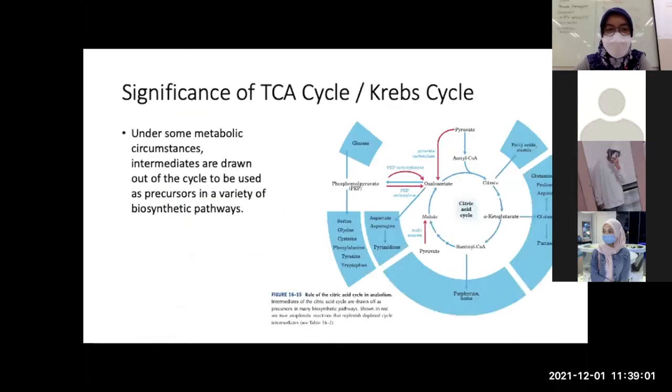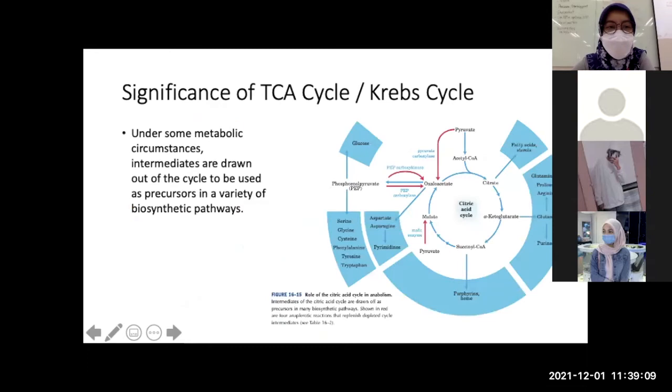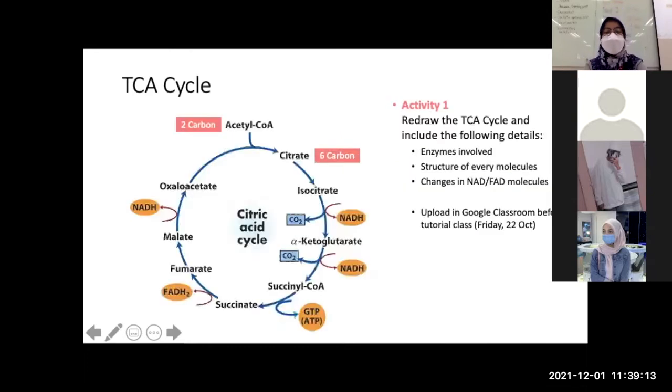All right. So what is the importance of this TCA cycle having these multiple steps? One of the importance would be what we call intermediates. Another term that you need to be familiarized with in this TCA cycle: citrate, isocitrate, alpha ketoglutarate, succinyl-CoA, succinate, fumarate, malate, and oxaloacetate.